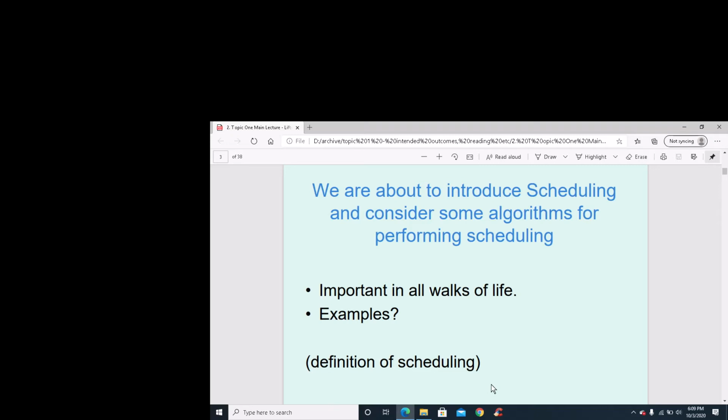But in any case, let me say a little bit more about scheduling. A schedule is important in all walks of life that I can think of, and you might find it a bit daft, but the example is you having dinner with a plate of food in front of you, containing a portion of peas, a portion of potato, some gravy, and maybe some other burger, whether it's vegetable or animal.